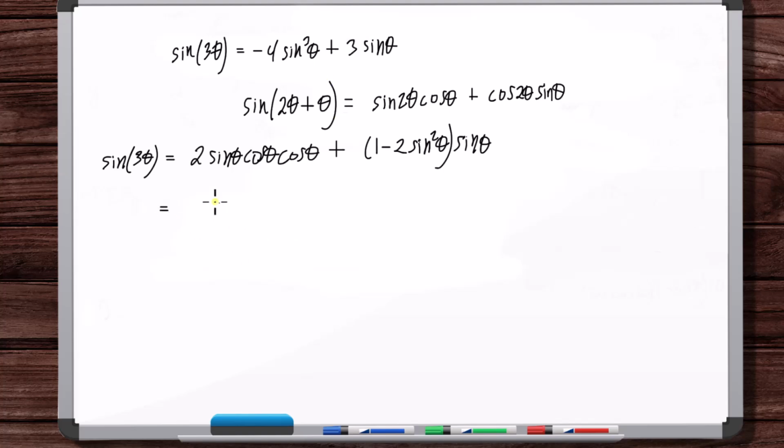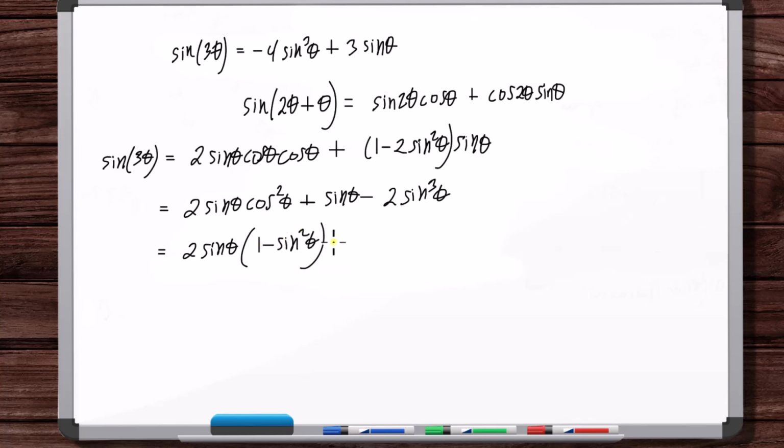So 2 sine theta cosine squared theta, and then plus sine theta minus 2 sine cubed theta. Now let's convert that cosine squared to 1 minus sine squared.